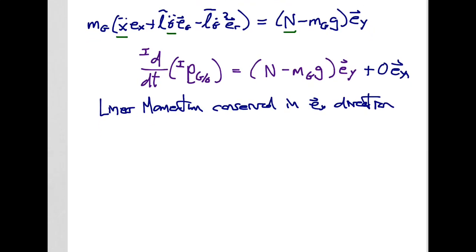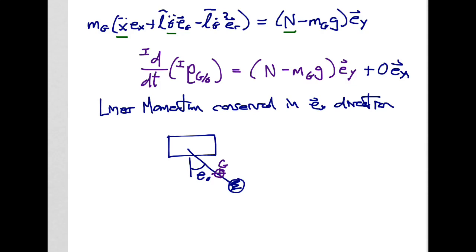Recall that what we're doing here is we want to gain insight into this system in which we pull our pendulum back a certain angle theta naught and then let it go. Our initial velocity of the center of gravity, which is what we just did our analysis on, is 0, and it's going to maintain 0 because linear momentum is conserved in the EX direction.